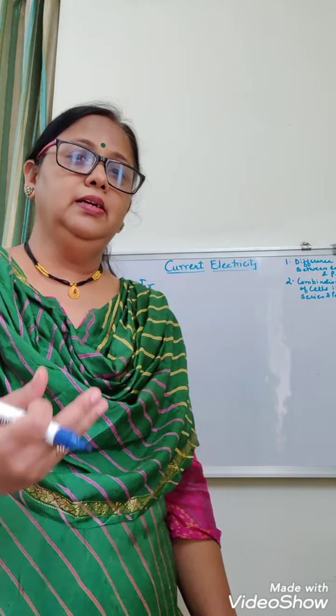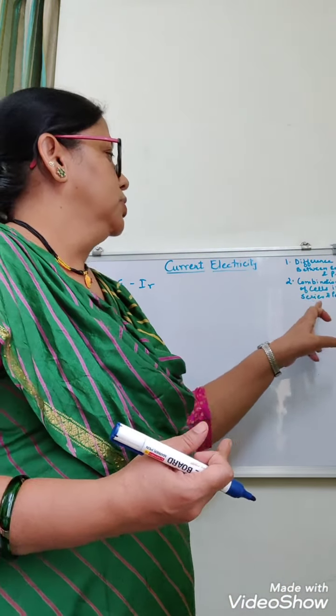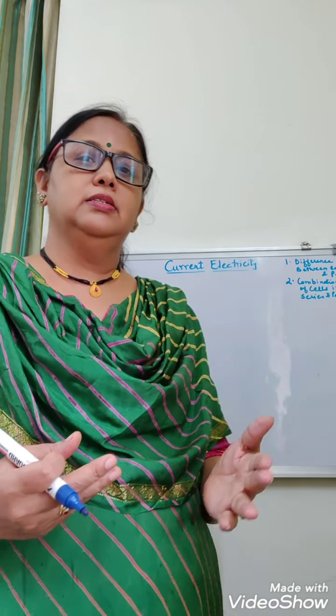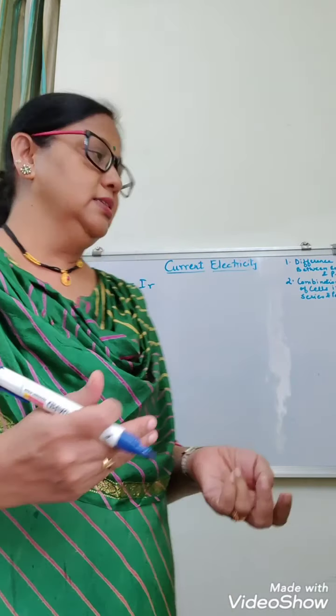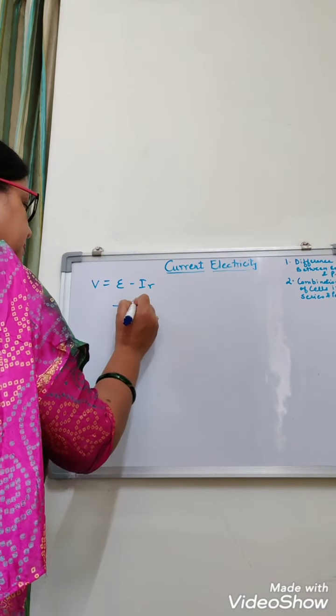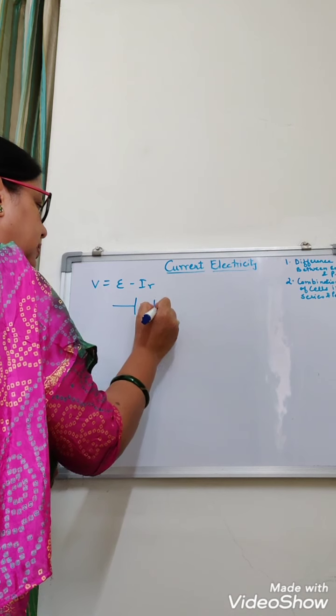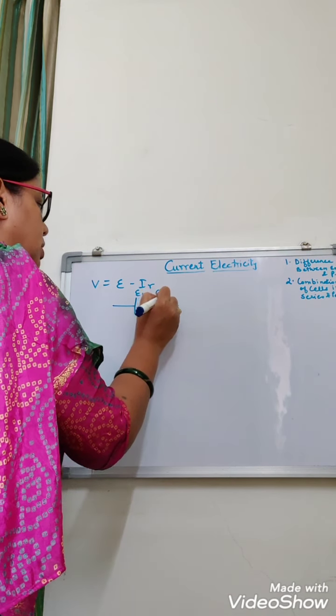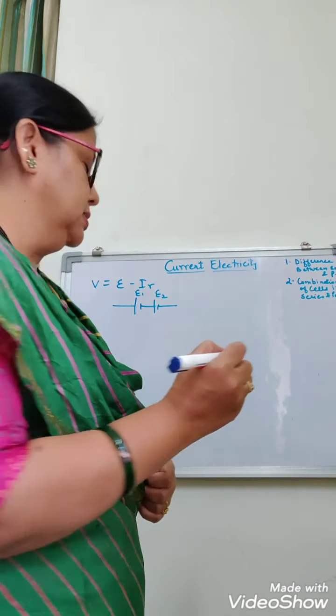Now let us study the combination of cells in series and parallel. So let us first consider two cells connected in series. Let E1 and E2 be the two cells connected in series.